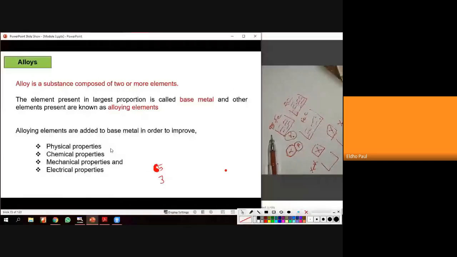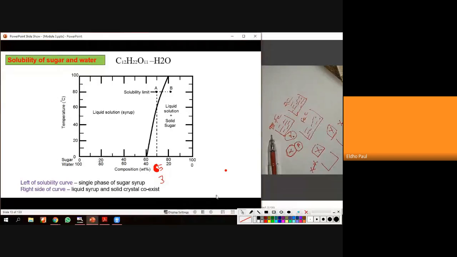For example, this is the point of 65% of sugar and 35% of water, and I am taking this sugar at 20 degrees Celsius. At 20 degrees Celsius, the composition is 65% of sugar and 35% of water.